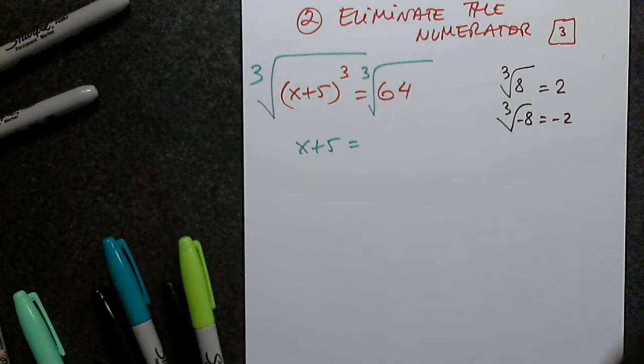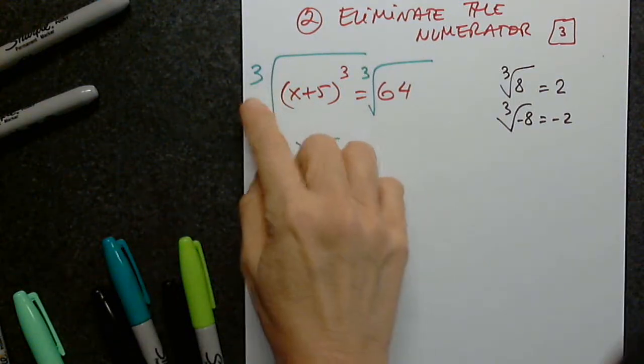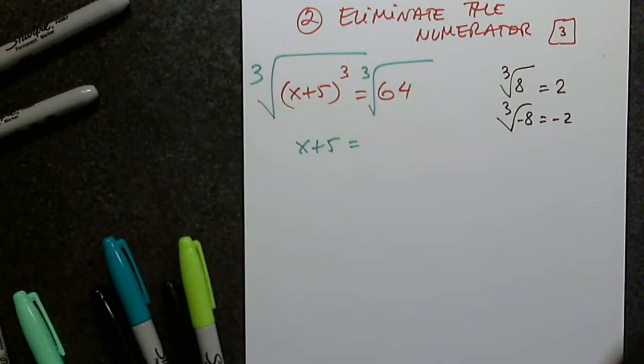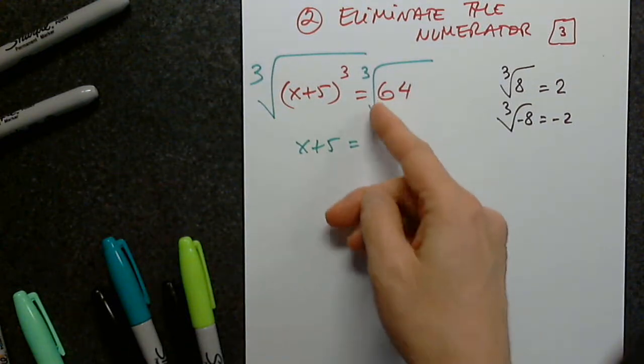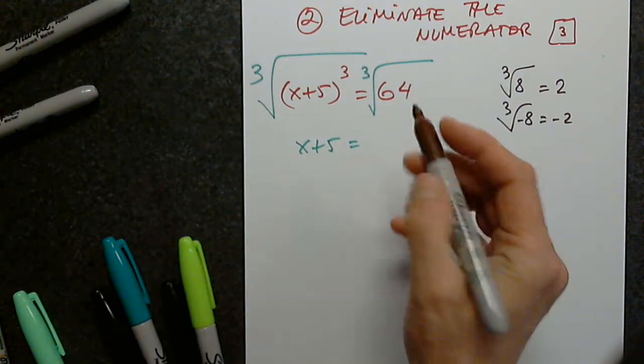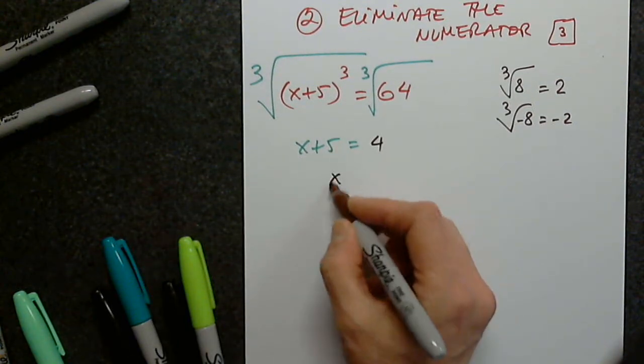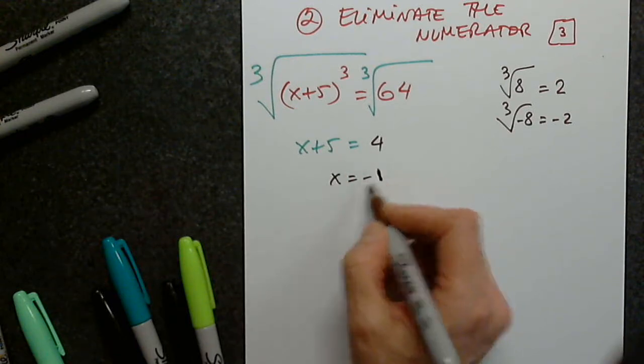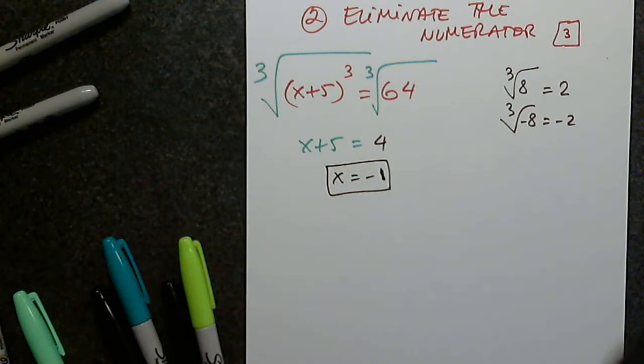You cannot write plus or minus. For the odd roots, we cannot write plus or minus. Just one sign, which is in this case positive. If we had -64, I would have written -4. But since I have 64, I have to write +4, and the answer is -1, -5 plus 4. And this is the only answer.